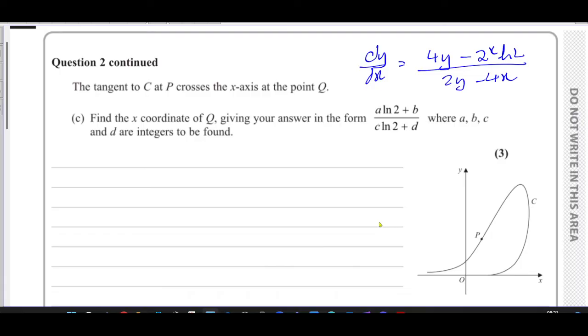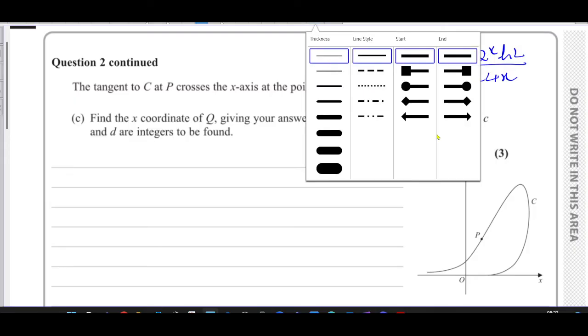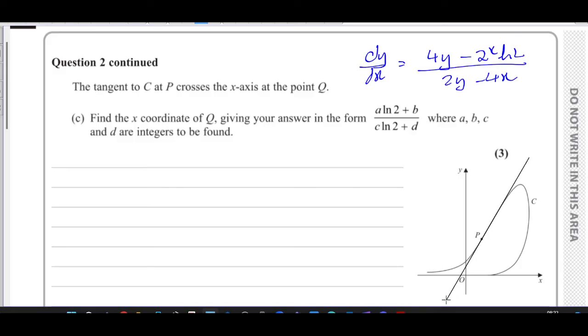So the tangent to the curve at the point P would be a straight line. And that straight line would basically just touch the point P and have the same gradient as the curve at that point. So that tangent is going to pass through the x-axis at the point Q. This is the point Q. We want to find the x-coordinate of Q, giving the answer in this form.